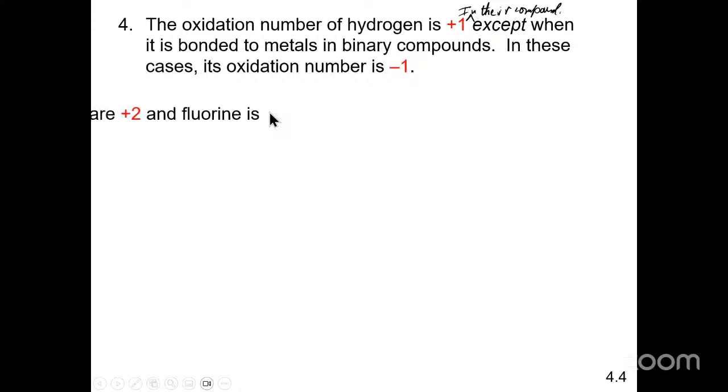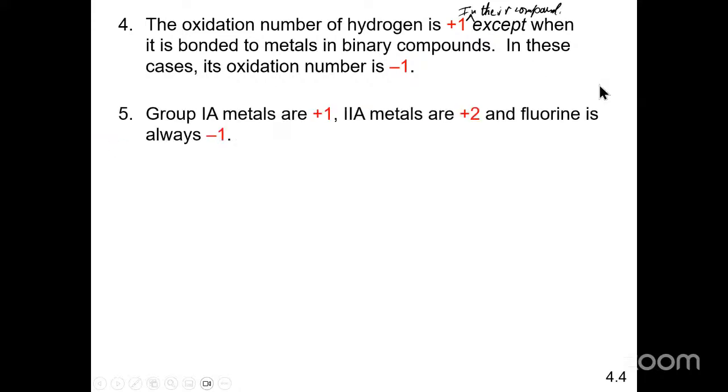Let me give a couple of examples. In the case of H2O, the hydrogen oxidation number would be equal to +1. However, in the case of sodium hydride, the oxidation number of hydrogen is -1, because in this case hydrogen is bonded to a metal in a binary compound.